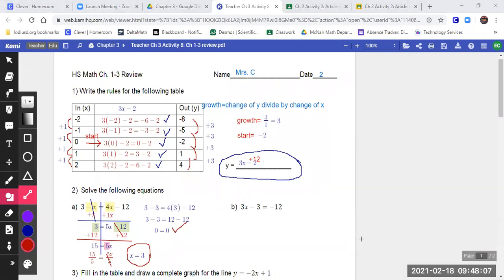We have to simplify first. There's extras on both sides. No, so there's no simplifying needed.